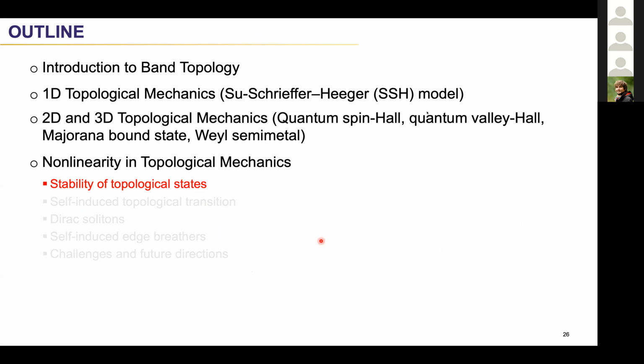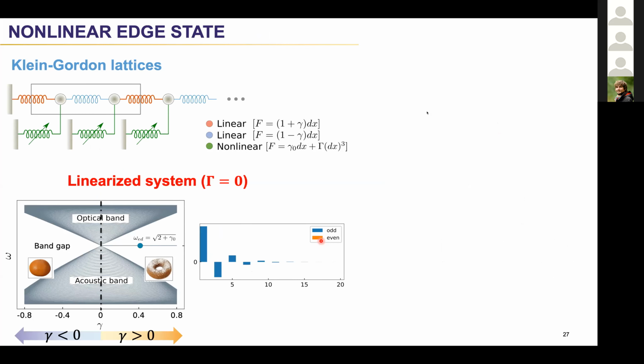So first is the stability of topological states in nonlinear systems. Here you can see that we have a similar system of springs and masses with two different stiffnesses. Now what we are doing here is introducing nonlinearity in these on-site springs, and the nonlinearity type is cubic.